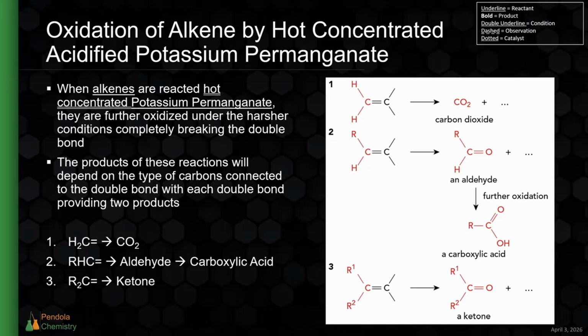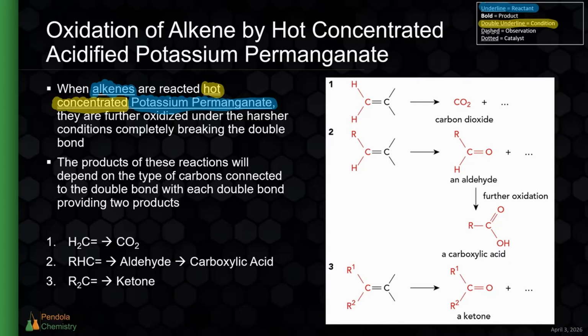If we use the exact same reactants, an alkene with acidified potassium permanganate, but instead of cold dilute permanganate we use hot concentrated permanganate, we do not change the reactants, but we do change the conditions. Then we get a different product.